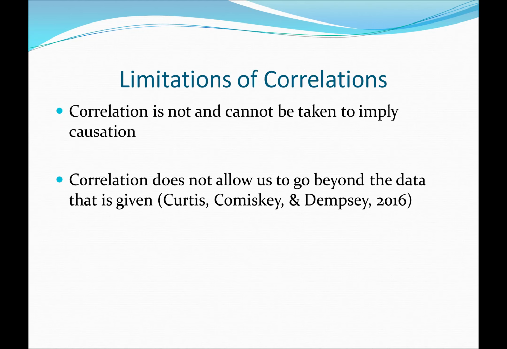And the second limitation is that correlational research does not allow us to go beyond the data that's given. So suppose it was found that there was an association between time spent on homework and the number of GCSE passes.